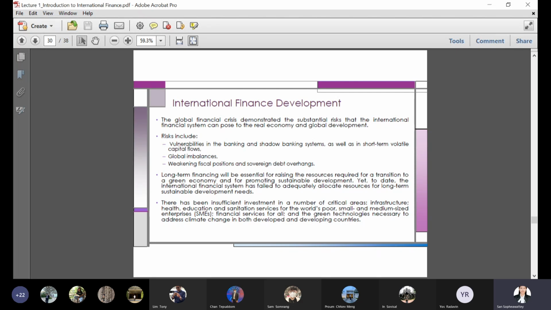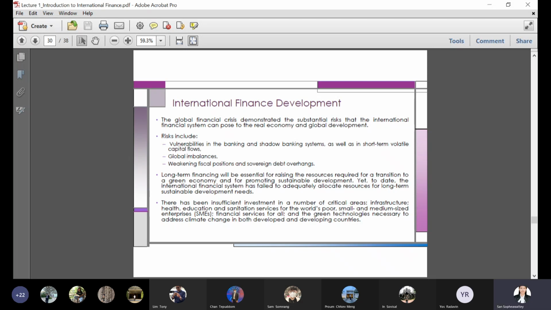So long-term financing will be essential for raising the resources that countries require for a transition to a more green economy and promoting sustainable financing.